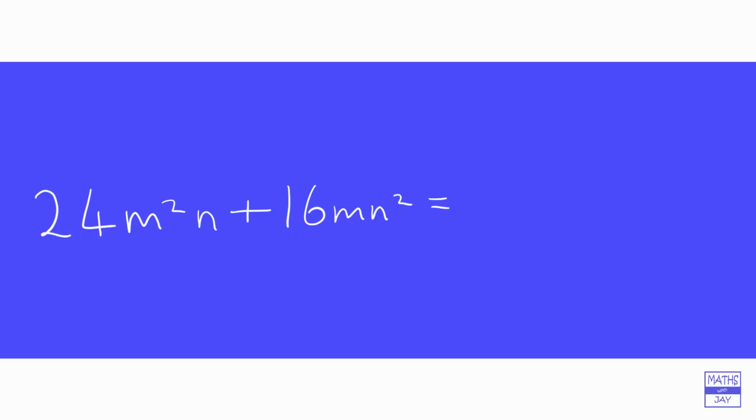So that will be 8. And then let's look at the m. Well, we've got m squared in the first term and m in the second one, so they have an m in common. And similarly, when we look at the n, there's an n in the first term and an n squared in the other one. So we'll have an n coming outside the bracket.